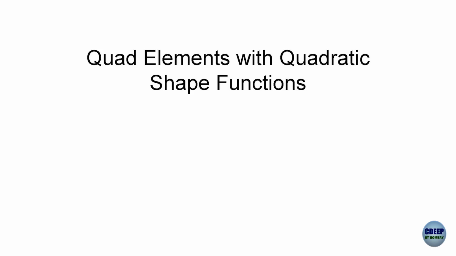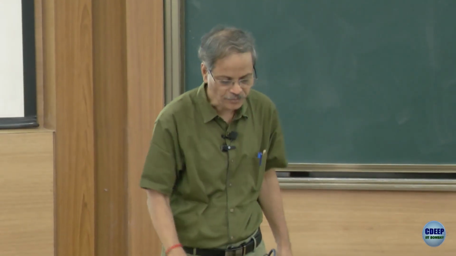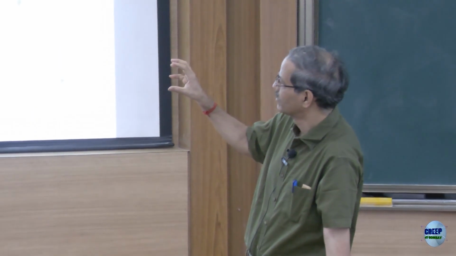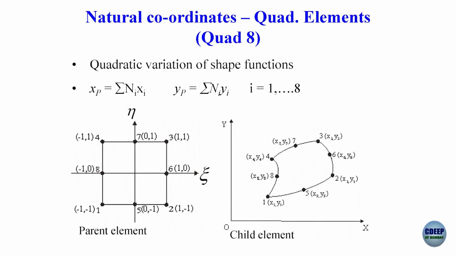So would it be possible that I could use, you remember from our discussion on a quadratic rod element, the linear rod element had 2 nodes, and a quadratic one, it had C0, C1x, C2x squared. So we had to put 3 nodes, 1 node in between. So extending that logic, I would tend to think that a quadratic quadrilateral element would have nodes in between.